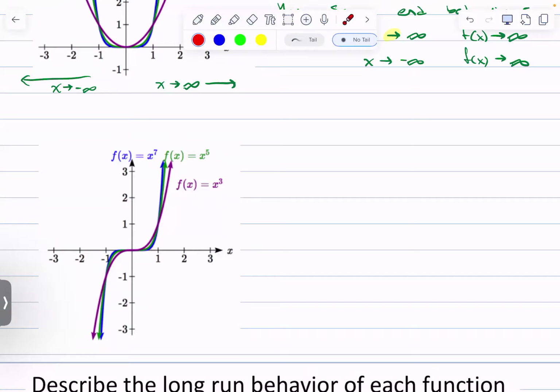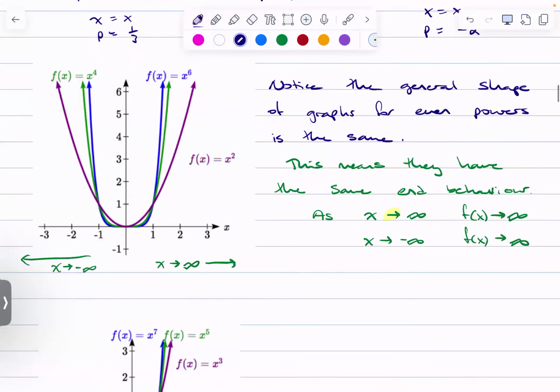It's just kind of taking x to the 3 and making it a little bit tighter, sending it to infinity just a little bit faster. In fact, as x goes to positive infinity, and as x goes to negative infinity, the outputs are heading towards negative infinity, which is different from the even powers.